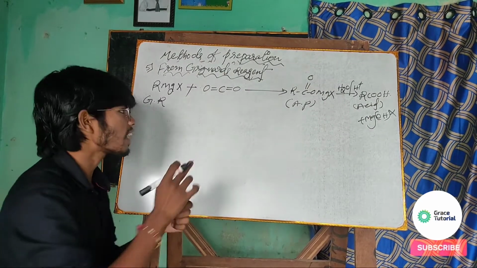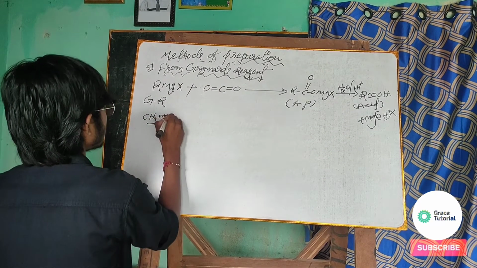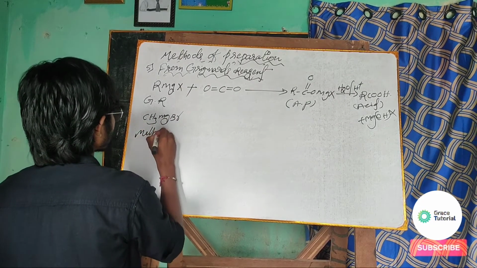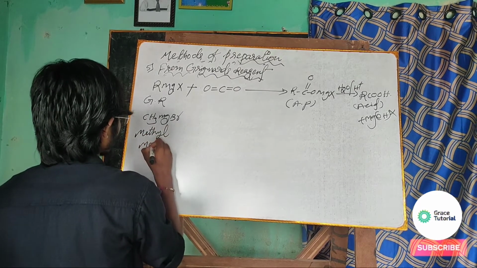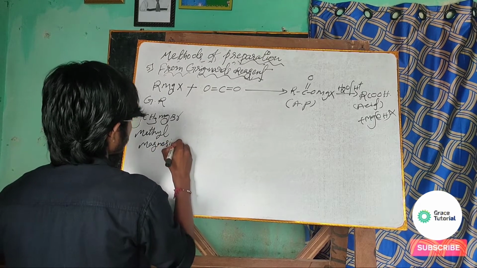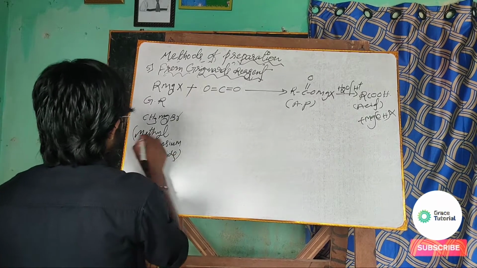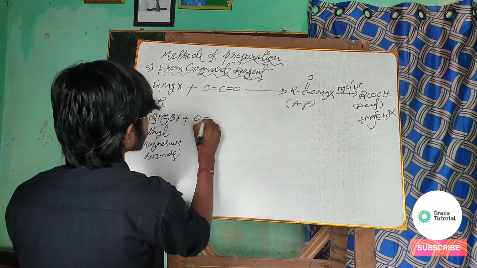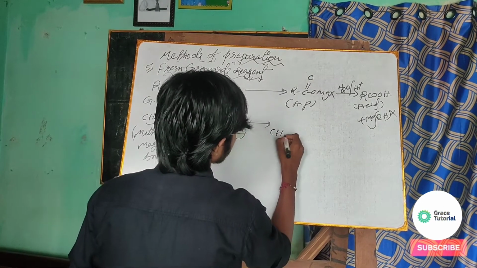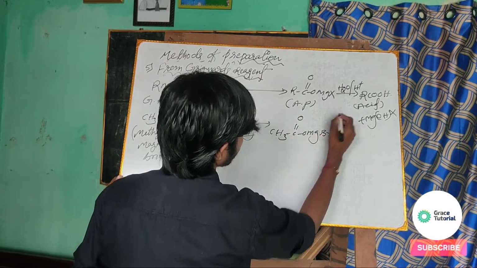Let me give you the specific example. If you take CH3MgBr, methyl magnesium bromide. When this methyl magnesium bromide reacts with carbon dioxide, that is CO2, first of all it gives the addition product, CH3COOMgBr.